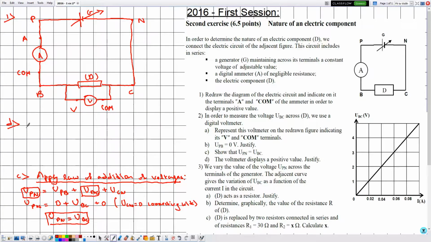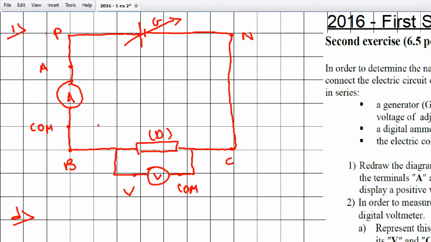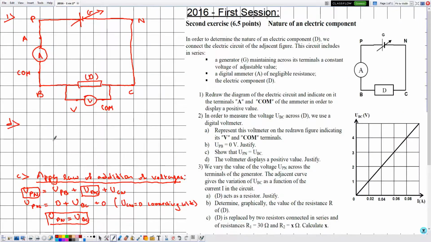Now in part D they are telling me the voltmeter displays a positive value, justify. Notice that here the COM terminal of the voltmeter is connected to the negative pole, which means that the voltmeter will indicate a positive reading.